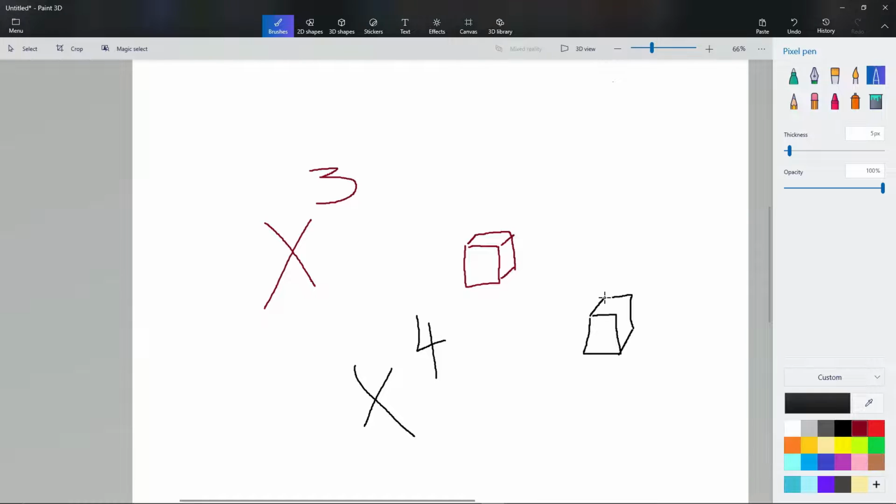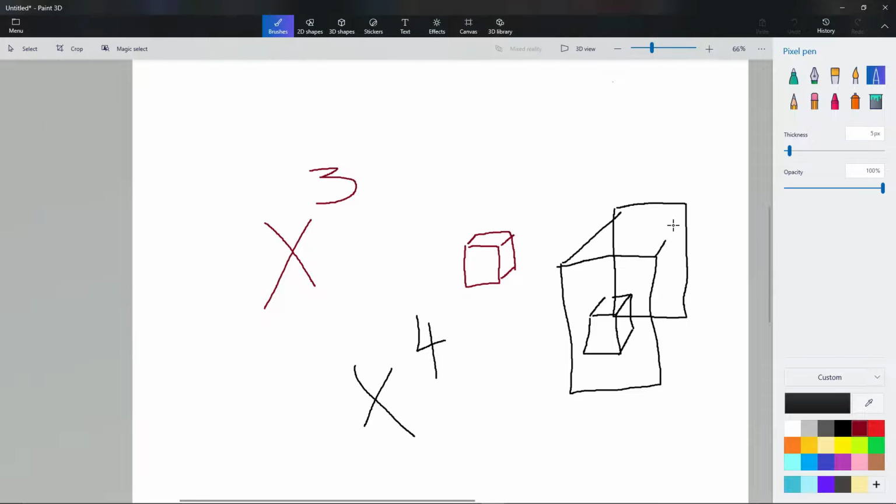You could do a little tesseract drawing right here to show you what they mean by that. That is a cube within a cube, where the cube outside gradually becomes the cube on the inside. They're connected at points in time.